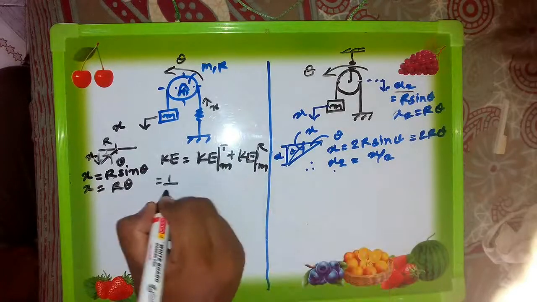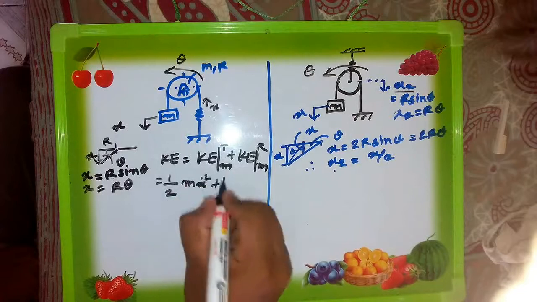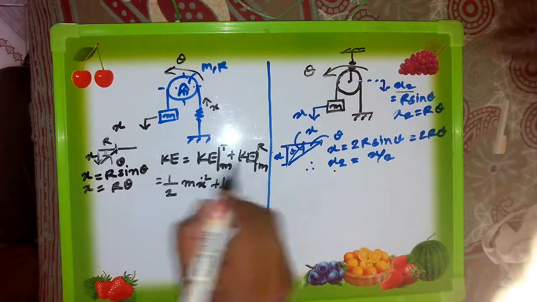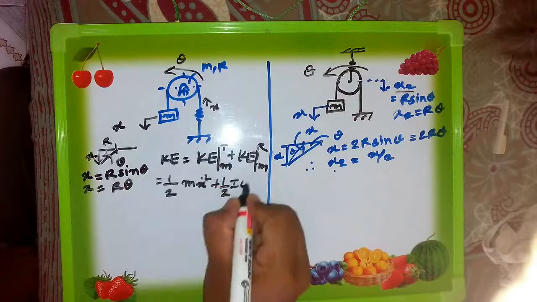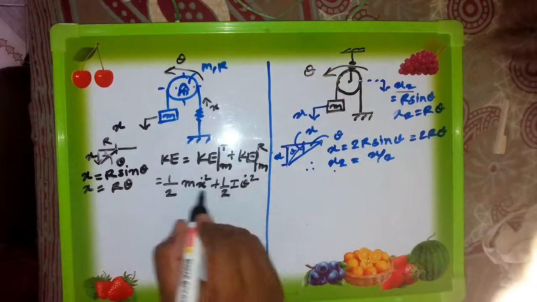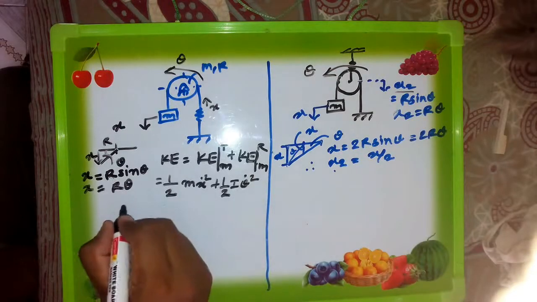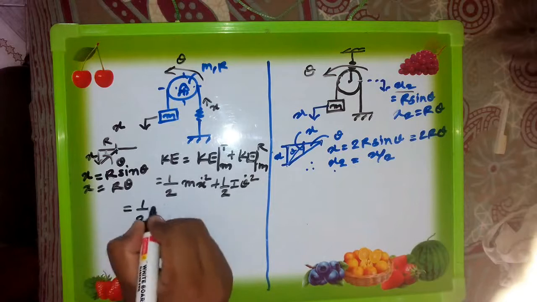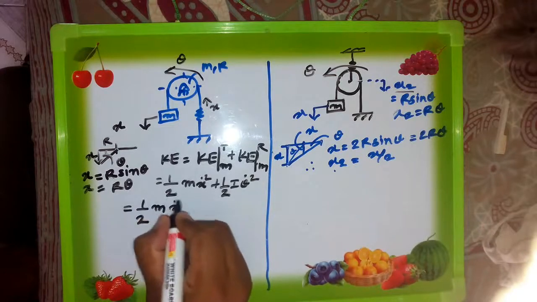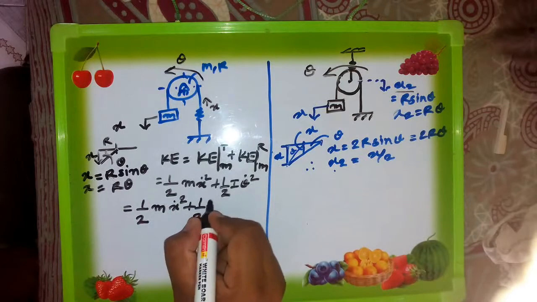So it is equal to 1/2 into this mass m into x dot squared plus 1/2 into the kinetic energy of rotation, so it will be I into theta dot squared. Now I have to replace either x into theta or theta into x. Let's go in terms of x. So it will be 1/2 into this mass m into x dot squared, keep it as it is, plus 1/2 into I. So what is the value of rotational?